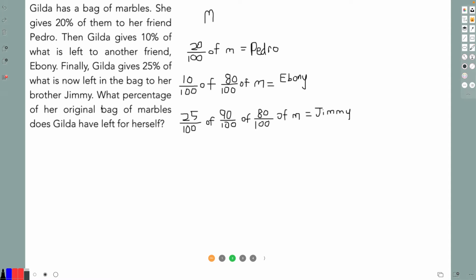And then it says, what percentage of her original bag of marbles does Gilda have for herself? So it's going to be the remainder of the amount that she gave to Jimmy. And that is going to be 75% because it's the remainder of 25%.